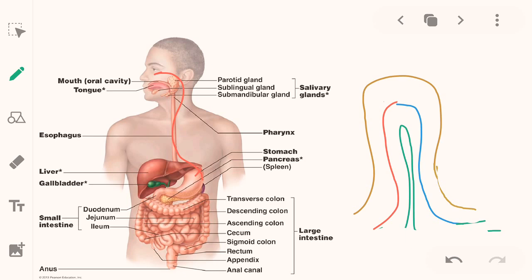The stomach contains gastric glands which release hydrochloric acid, a protein-digesting enzyme called pepsin, and mucus. The hydrochloric acid creates an acidic medium which facilitates the action of the enzyme. Enzymes are nothing but biocatalysts.